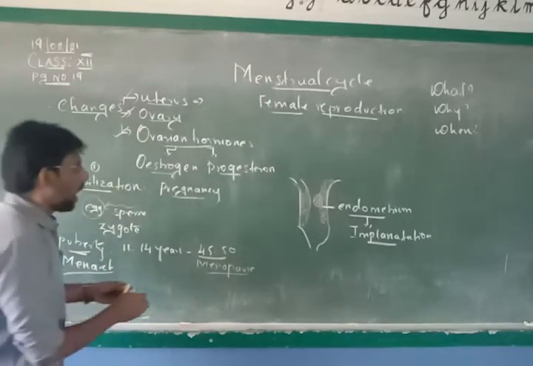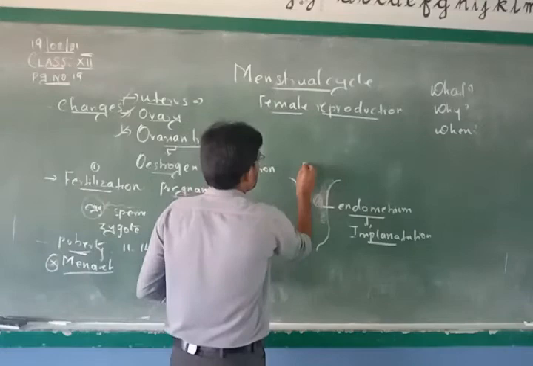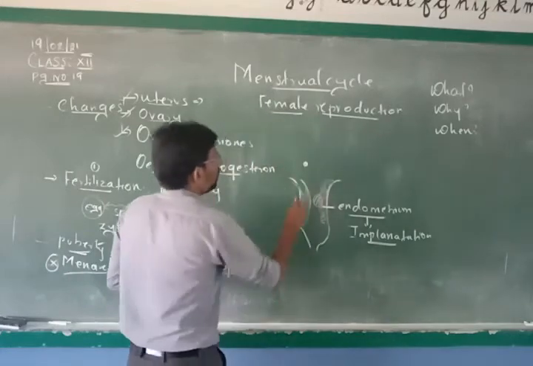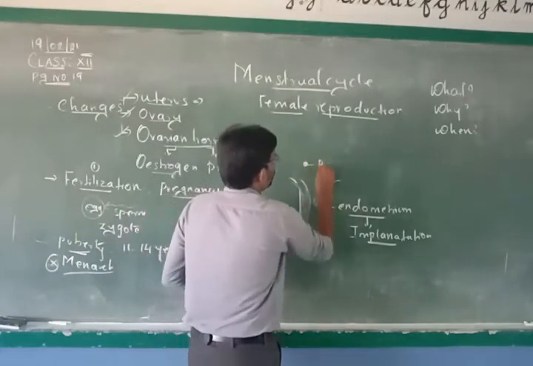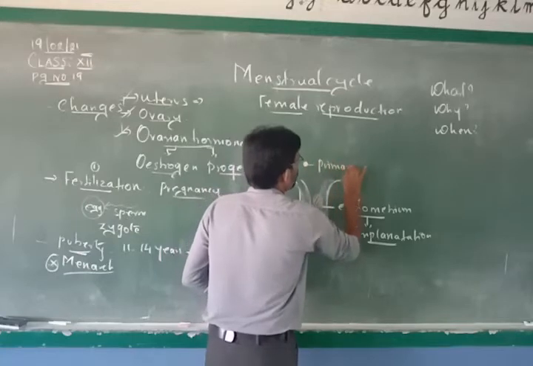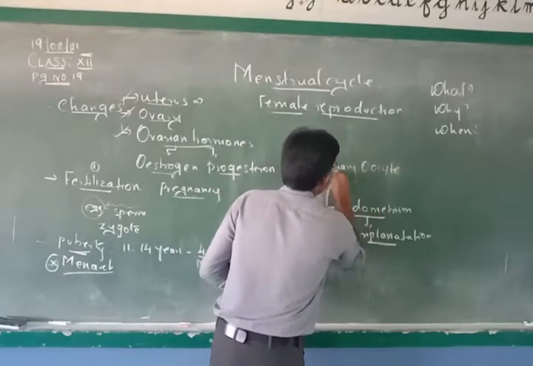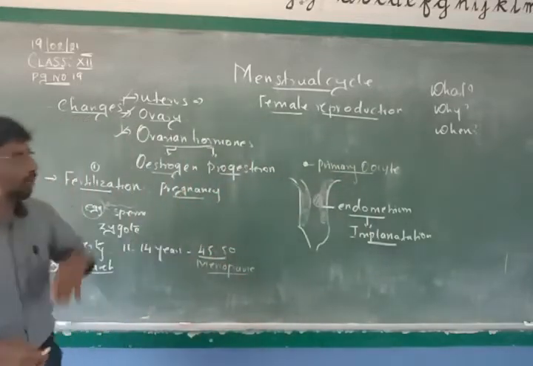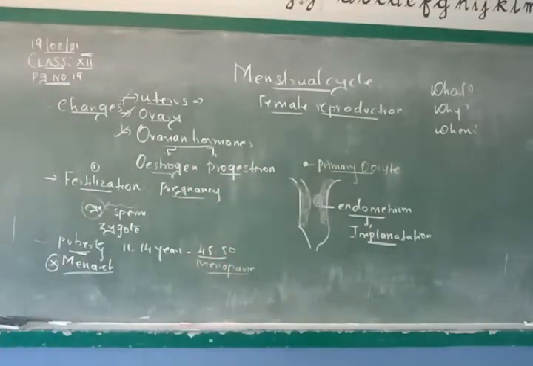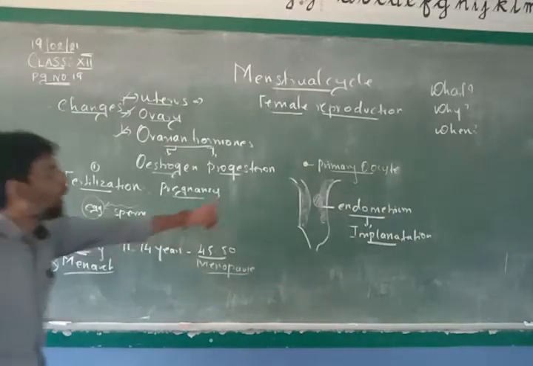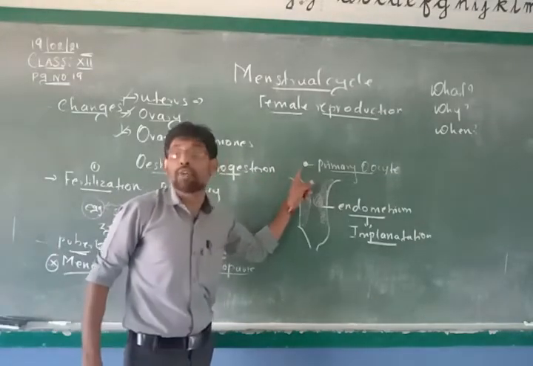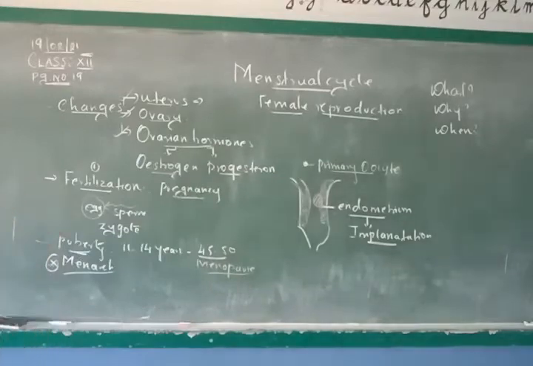So every egg, this is an egg, is called a primary oocyte. Okay. Now, as a female child is formed in the womb of the mother, till her birth, there will be millions of primary oocytes in her ovaries.